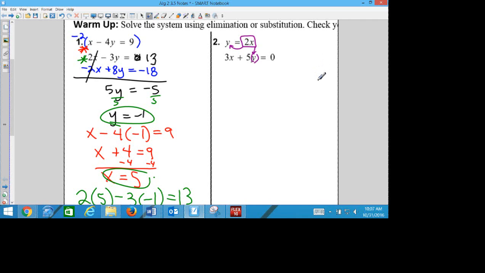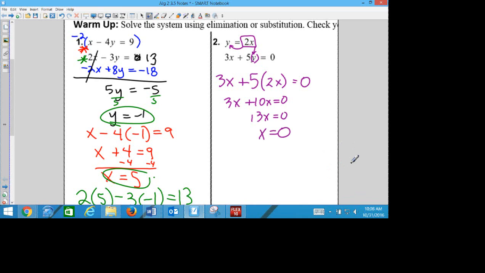So we're putting one equation inside of the other one. What I will have is 3x plus, I still have that 5, but instead of y, I have 2x. Now I solve for x. So I have 3x plus 10x equals 0. So I have my x value.